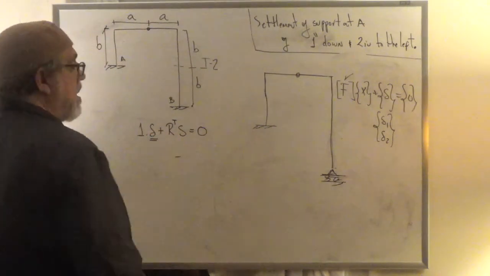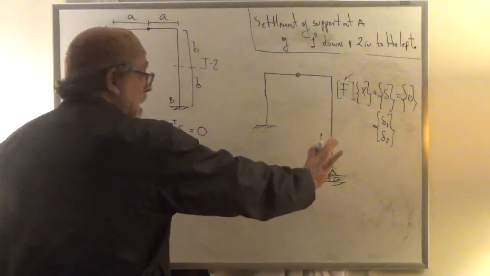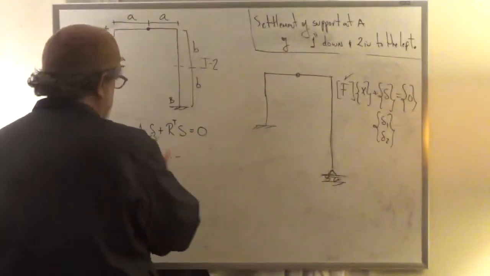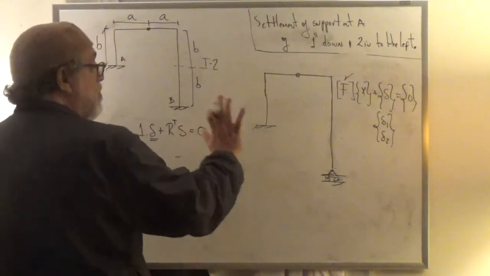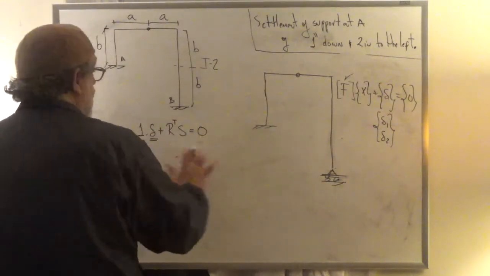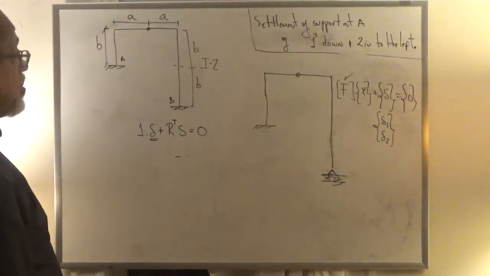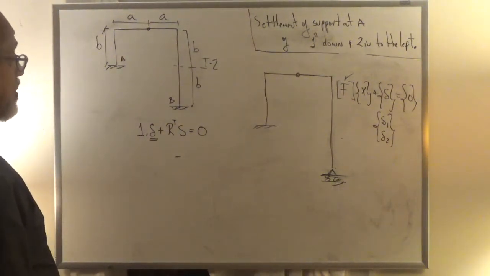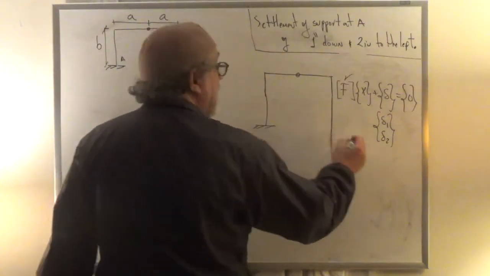That's how we calculate our movements, right? We always calculate our movements like this. 1 times delta plus R transpose S equal to 0, right? So first I want to calculate delta 1.